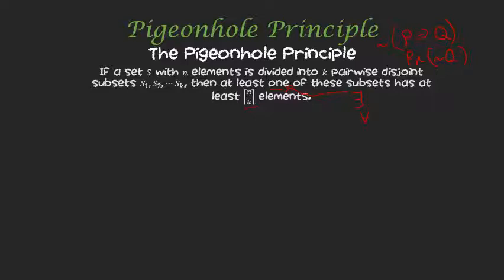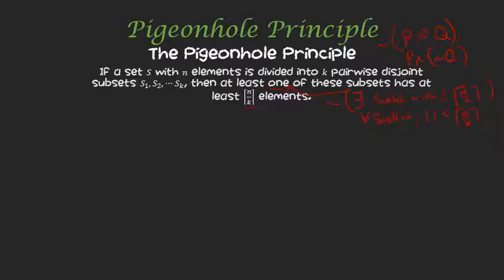The top one was there exists a subset with greater than or equal to n over k elements. Let's get that clear. The negation of that would be for all subsets, we have their cardinality is less than n over k. That would be my assumption.